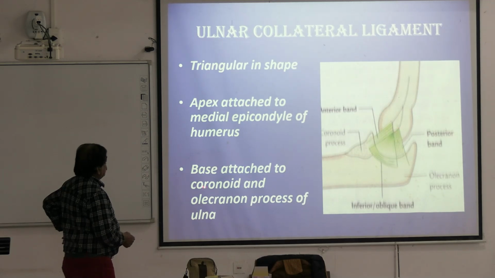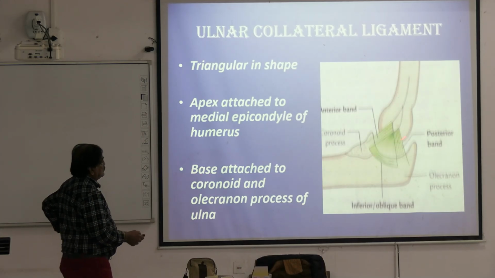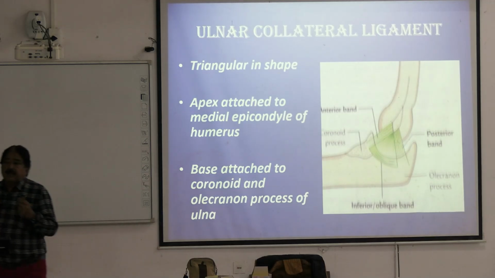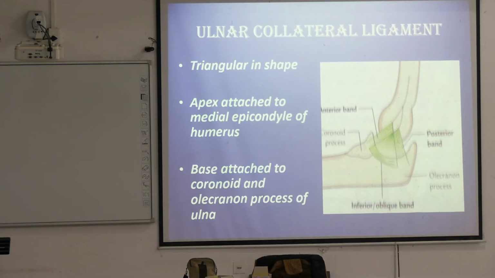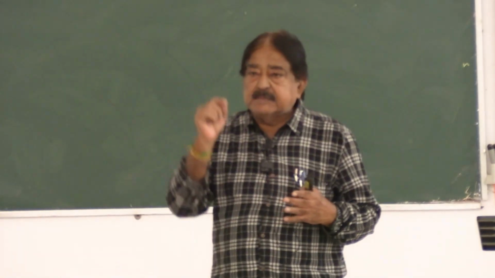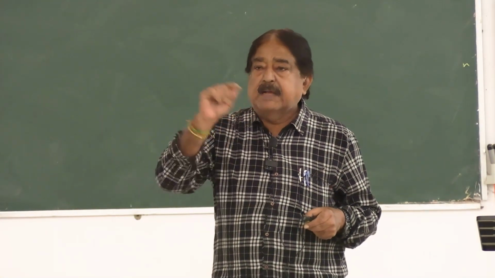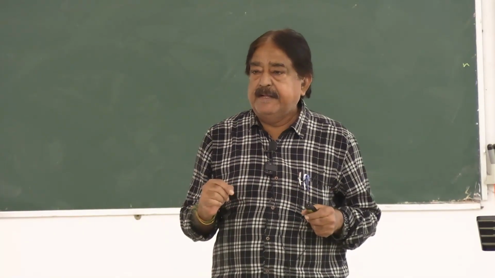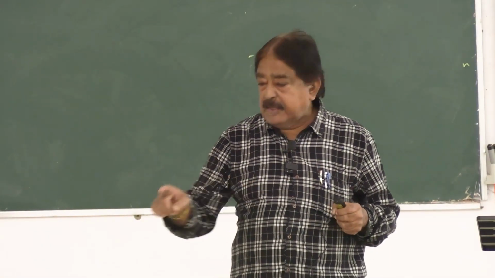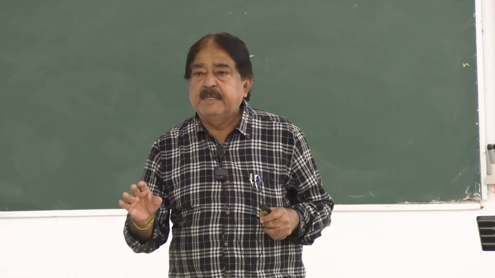The base is attached to the coronoid and olecranon process of the ulna. What you do, you take the bones and mark with chalk where the capsular ligament is, or you draw it, seeing the bone, and study.